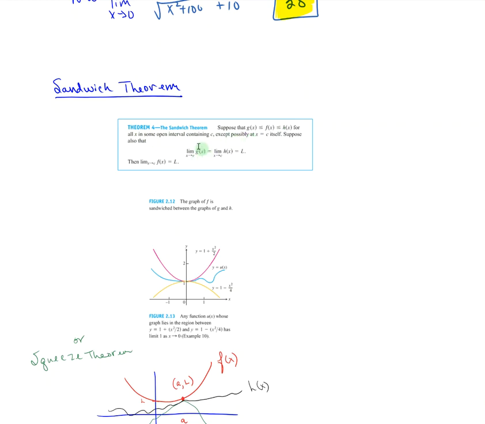And suppose that the limit as x approaches c of g of x equals the limit of h of x, and that's equal to L. If this one and this one are equal to L, and this f of x is sandwiched in between these two, then the limit as you approach c is also going to be L.